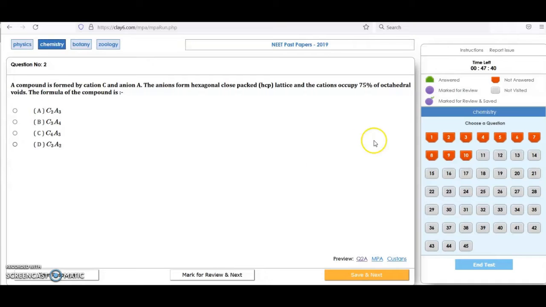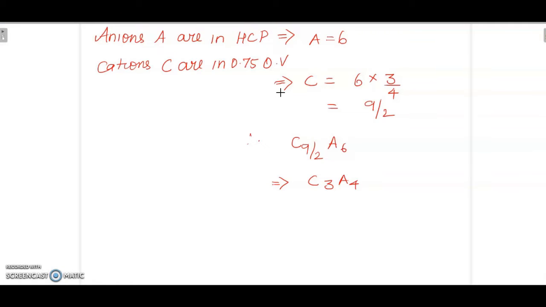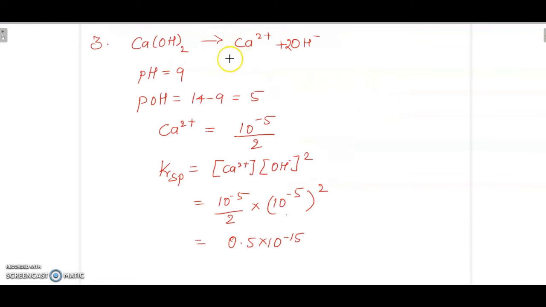Now the third question: the pH of a saturated solution of Ca(OH)2 is 9, and they are asking us to calculate the solubility product. Ca(OH)2 gives Ca2+ plus 2OH minus, and they have given pH equal to 9.